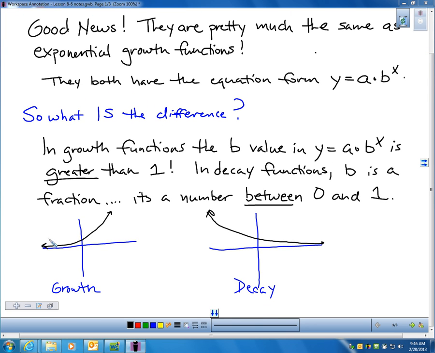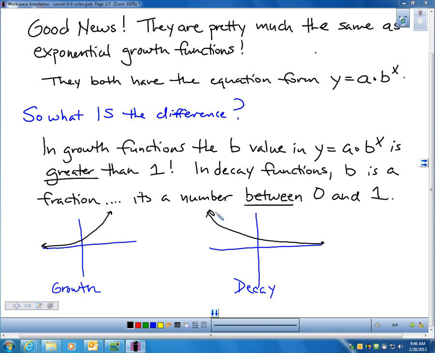And a decay function in the graph is going to look different than growth. A growth function, remember from our last video, started real low, started near 0, and then once it passed the y-axis, it started growing rapidly. A decay function is going to, as we are negative for x left of the y-axis, start high and do the exact reverse pattern.